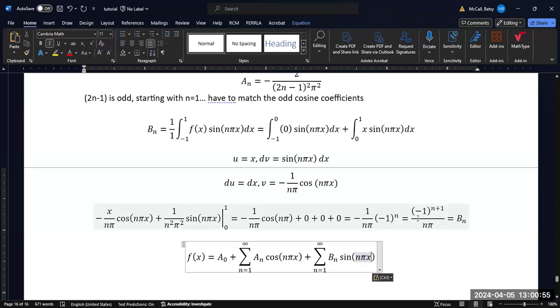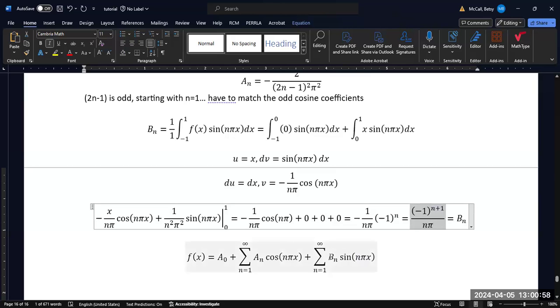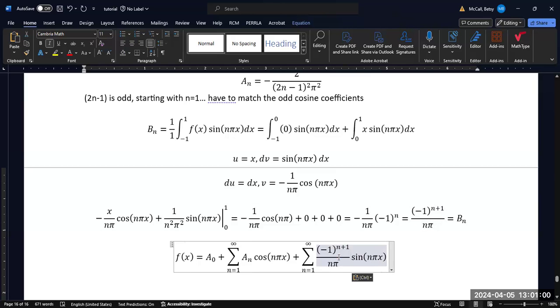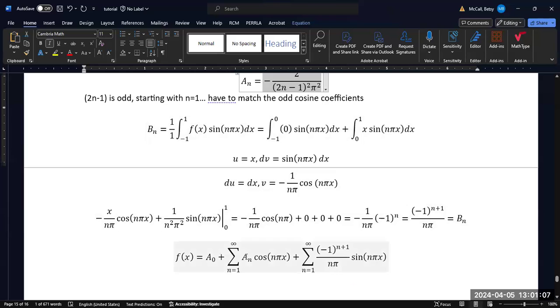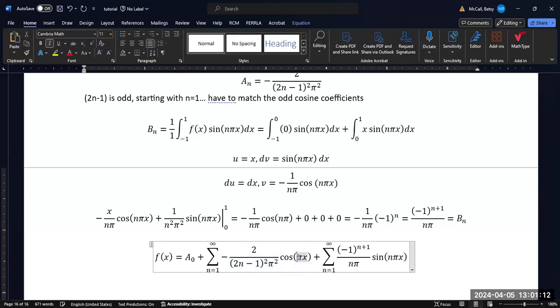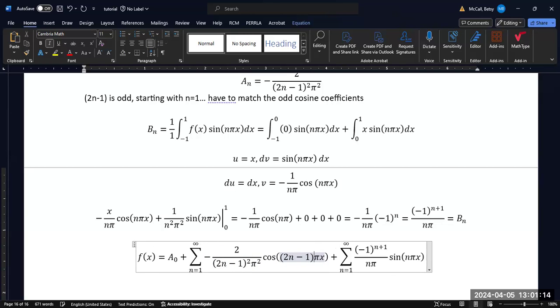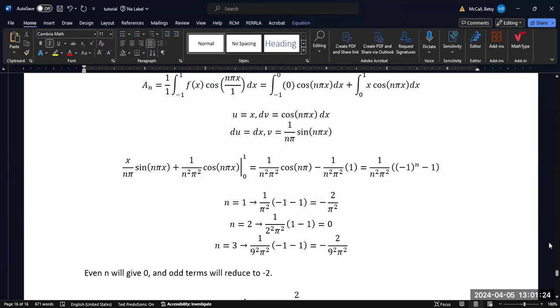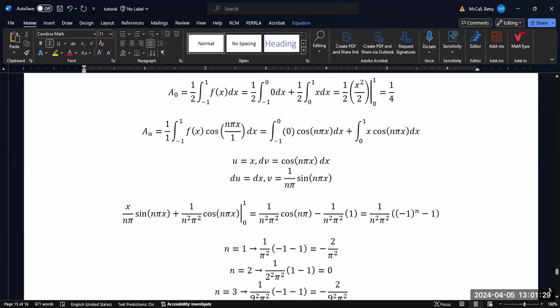We calculated the b sub n's to be this, and we calculated the a sub n's up here to be these, but only for odd multiples of pi. And then our a sub 0, I believe, was 1/4. Yes, it was.